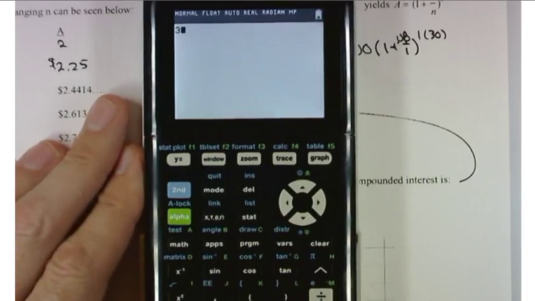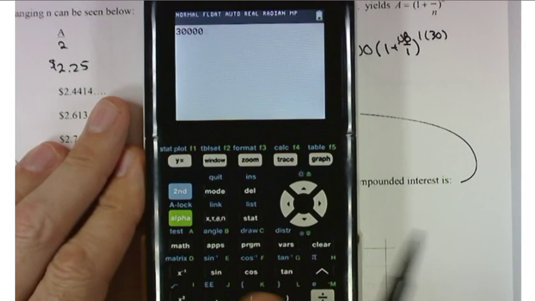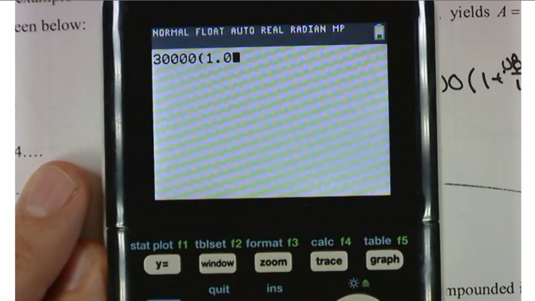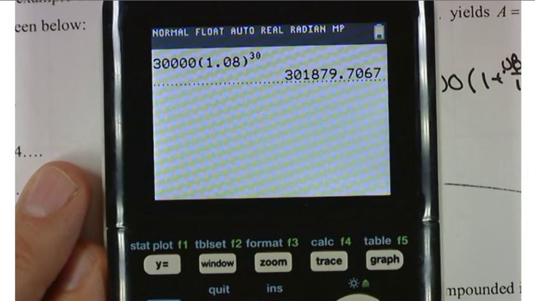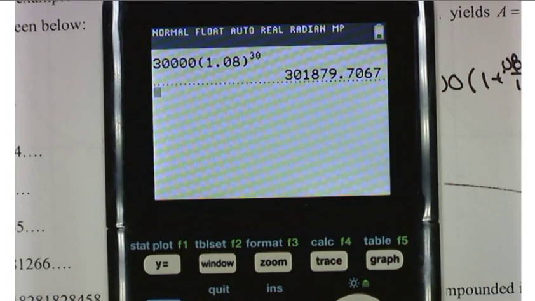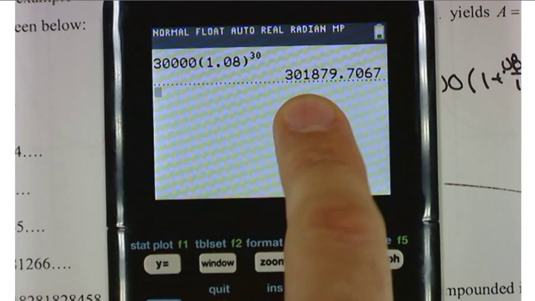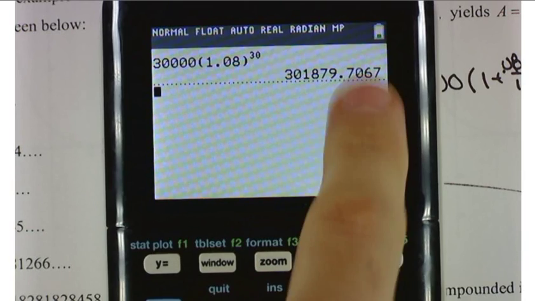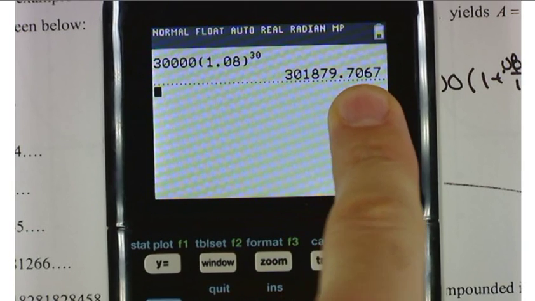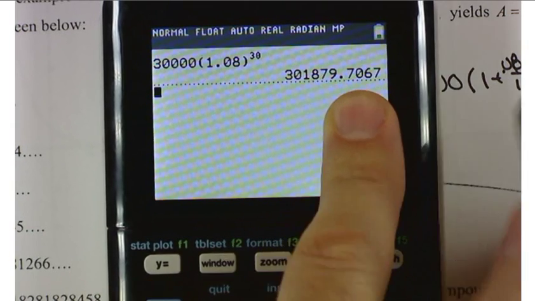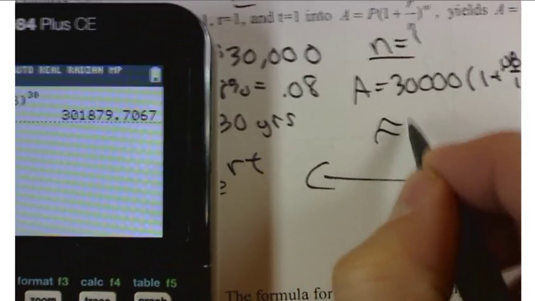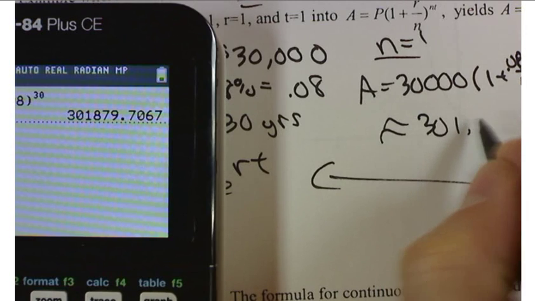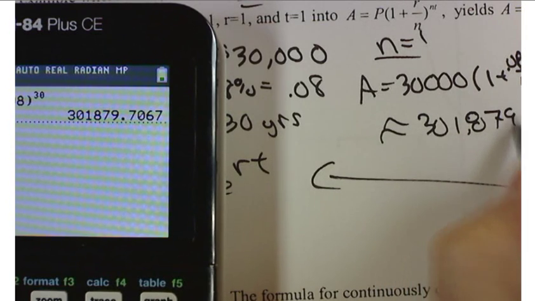So it's going to be 30,000 times 1.08 raised to the 30th power. So about $301,879.71. Again, round your money problems to the nearest penny.